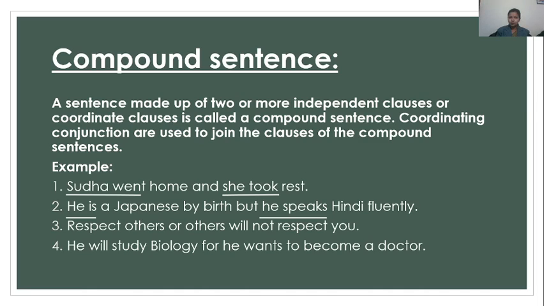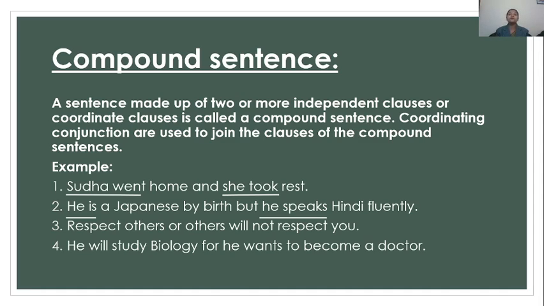The sentence has two subjects, two verbs, meaning two clauses. In the same manner, if a sentence has three verbs and three subjects, how many clauses are there? Three clauses. As many subjects and finite verbs as there are in a sentence, that many clauses are there.